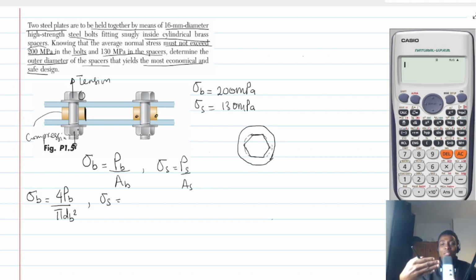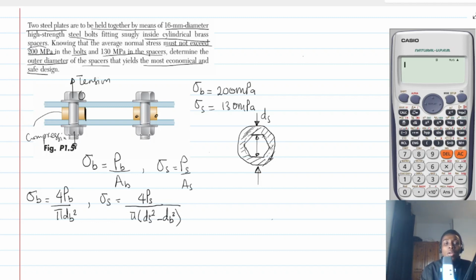What you see here is the side view. If the outer diameter of the spacer is this, then this will be the diameter of the bolt. So the actual area for the spacer will be the shaded area here. Therefore, with respect to the spacer, the area is going to be pi over 4 times dS squared minus dB squared.